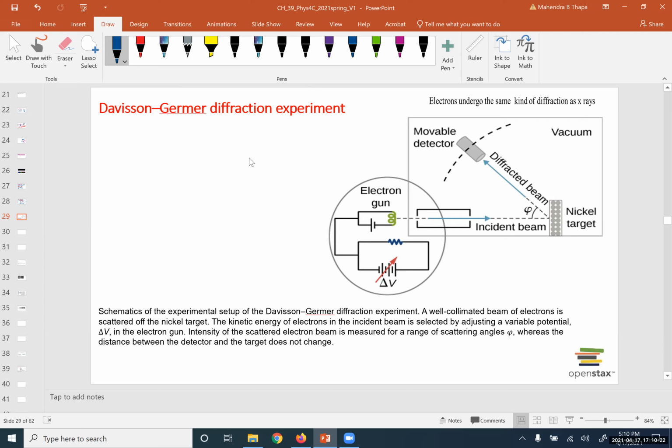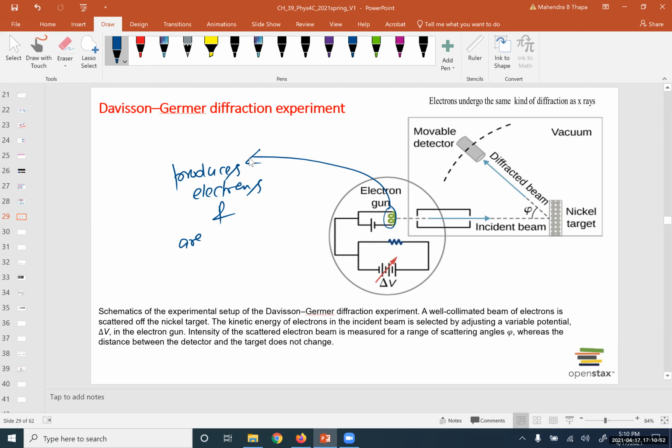What this does is that this coil is heated by this battery. So in the electron gun, this filament produces heat and produces electrons.